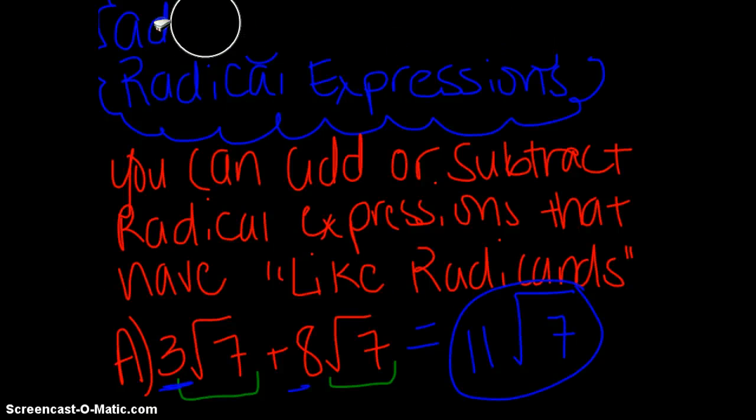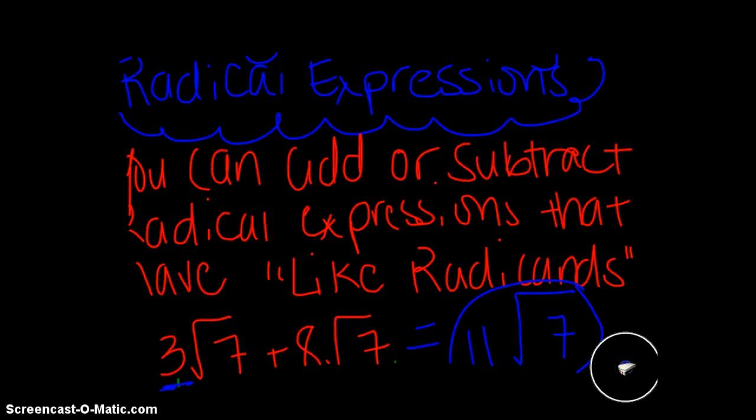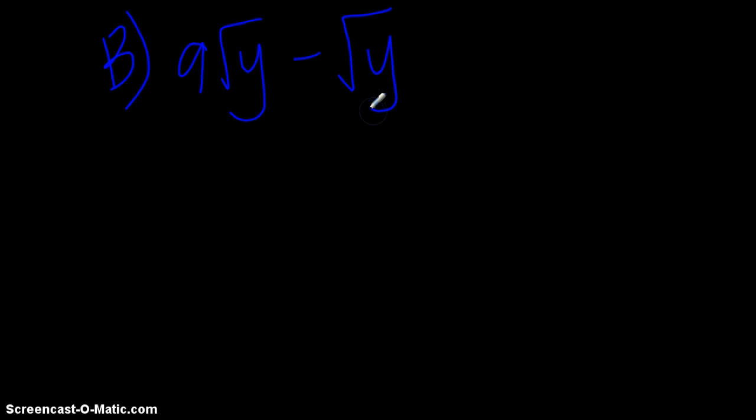Let's do some others. So that was example A. Here's example B. If I have 9 root y and I take away root y, how many root y's do I have? So what is my hidden coefficient here?